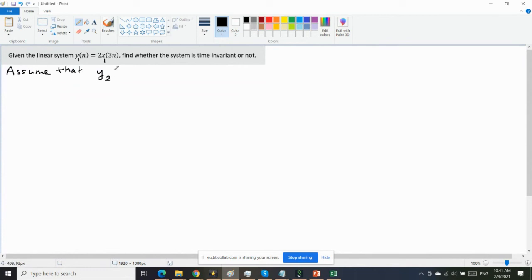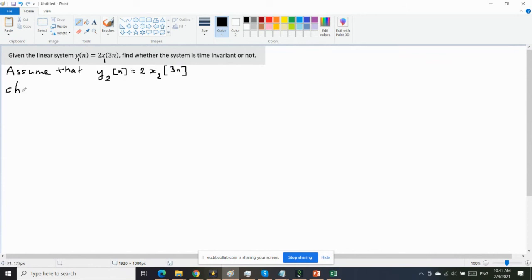We assume we have another one, y2, which is the output of x2, meaning it is equal to 2x2[3n]. I always use square brackets because this is for discrete signals. In this course we are always studying discrete signals, so we use square brackets as we have agreed.